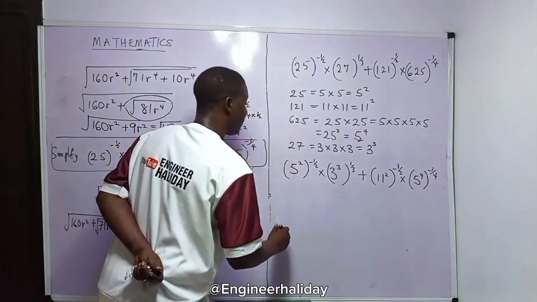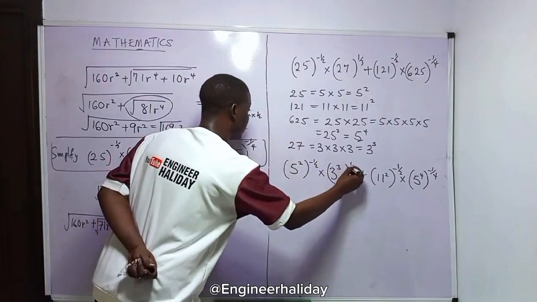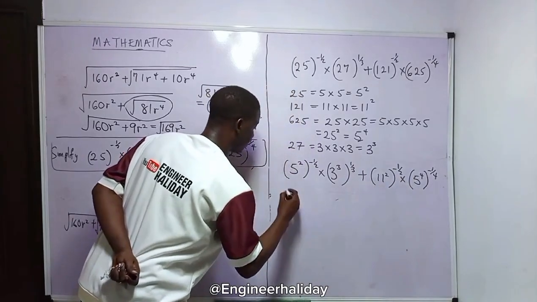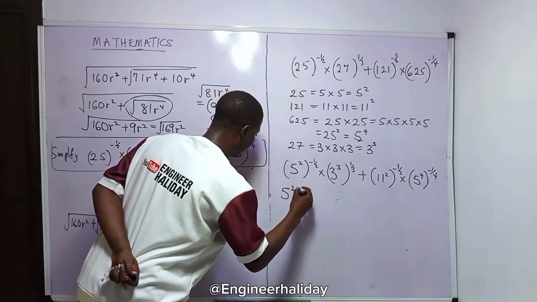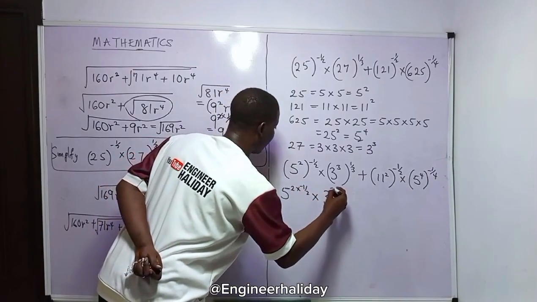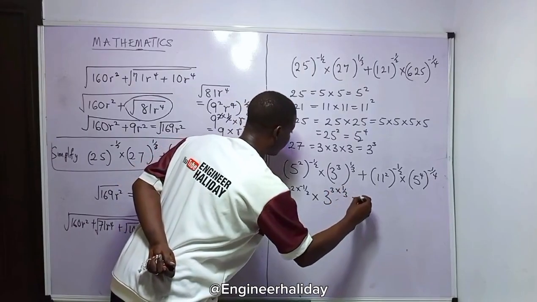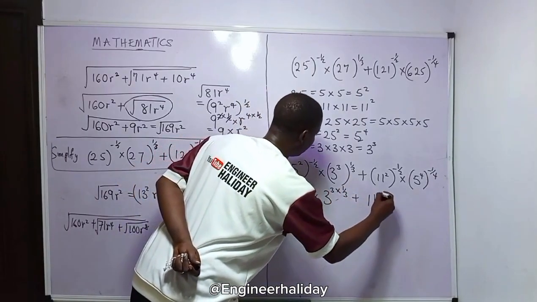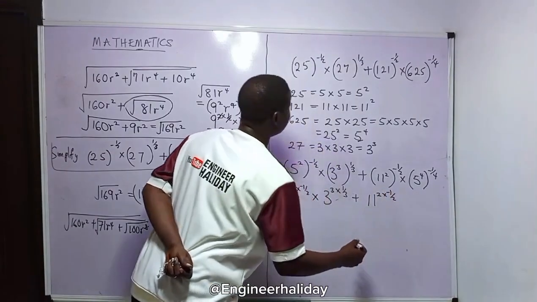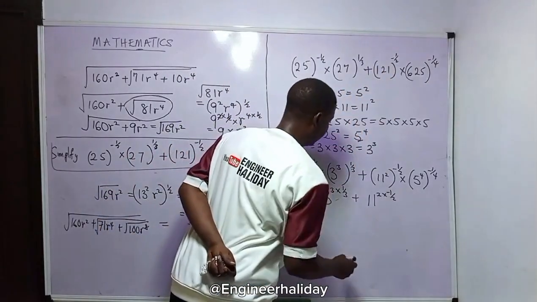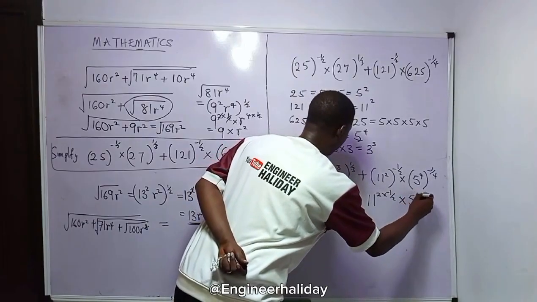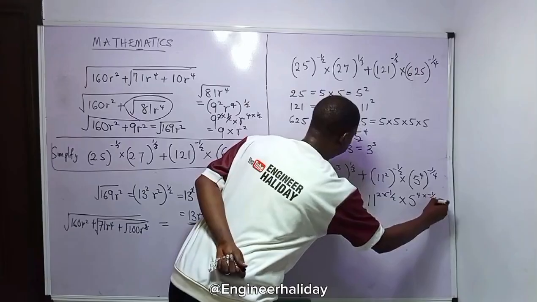Now power multiply power, so this multiply this, this multiply this, this multiply this, this multiply this. So we are going to have 5 raised to the power 2 times minus 1 over 2, times 3 raised to the power 3 times 1 over 3, plus 11 raised to the power 2 times minus 1 over 2, then the last one will be times 5 raised to the power 4 times minus 1 over 4.